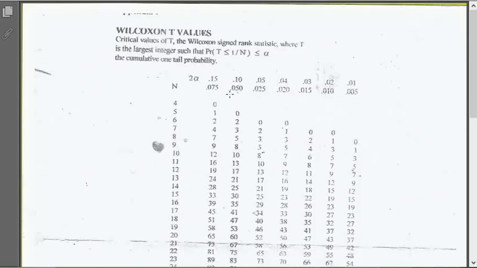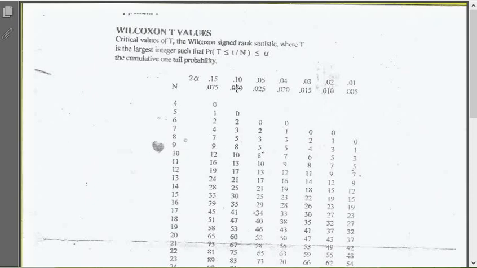So this is the Wilcoxon signed-rank table. Here the first one is 2 alpha and the second one is alpha. So corresponding to n, if n is 10, and we want 2 alpha, with alpha 0.05, then your value is 8. And for alpha, your value is 10.